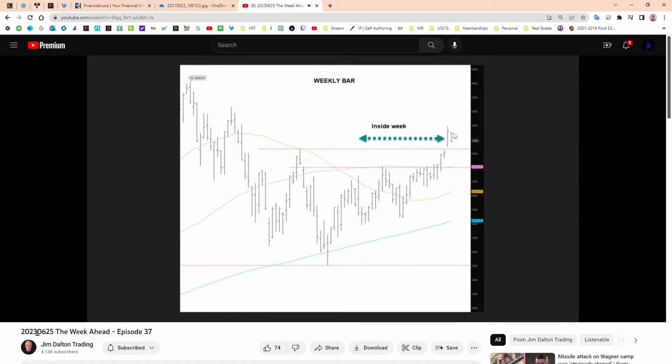Rotating or building higher value suggests that last week's inside week was simply inventory coming into short-term balance before the rally continues higher.